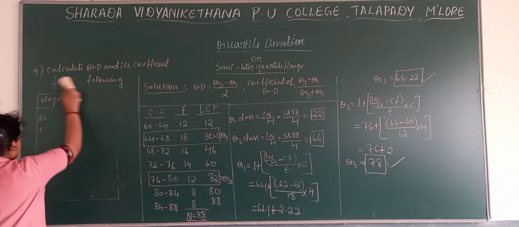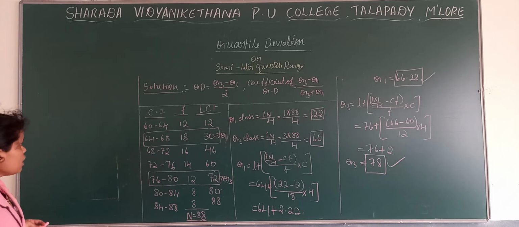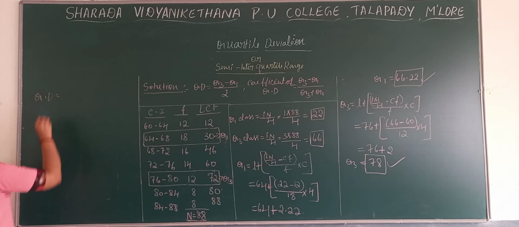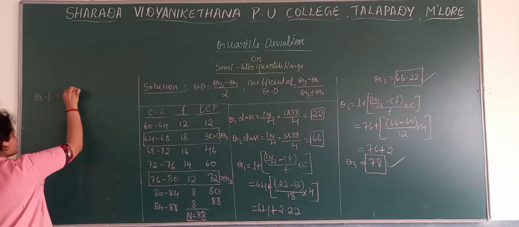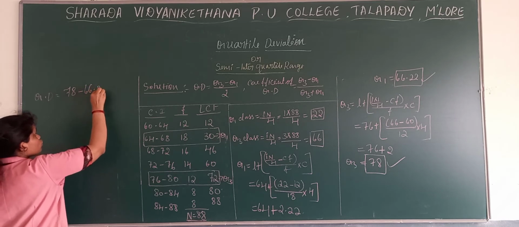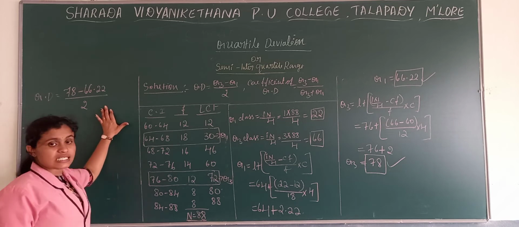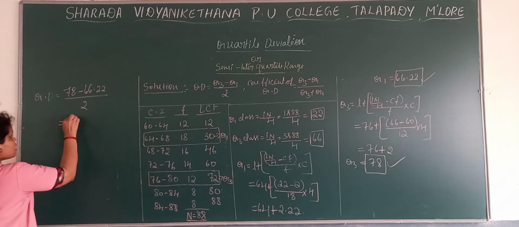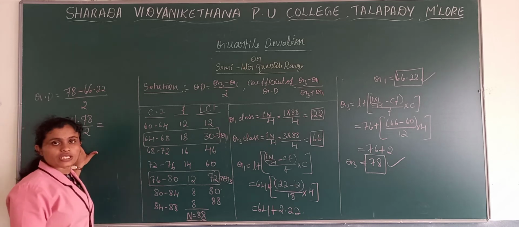Quartile deviation is Q3, which we got as 78, minus Q1, which we got as 66.22, divided by 2. 78 minus 66.22 is 11.78, by 2.